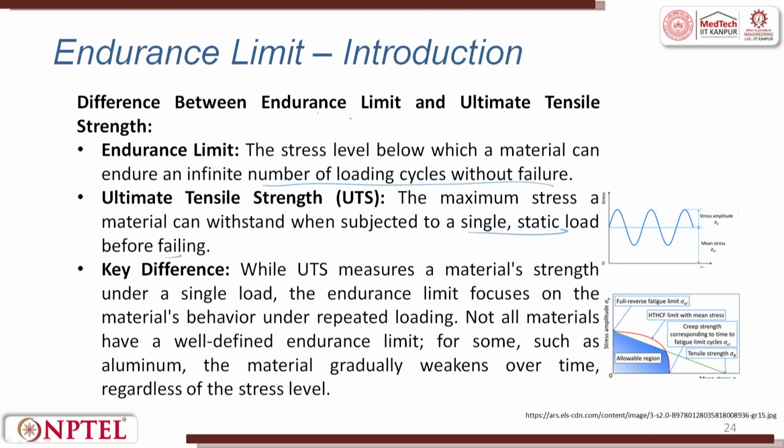Don't get confused between endurance limit and ultimate tensile strength. Endurance limit always comes for cyclic loading. The key difference is that ultimate tensile strength measures a material's strength under a single load, while the endurance limit focuses on the material behavior under repetitive loading condition.